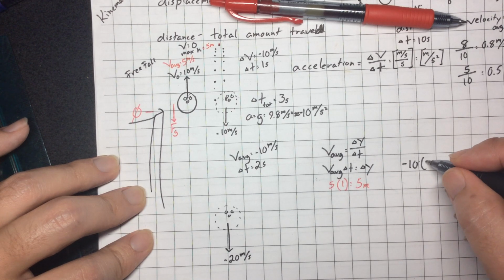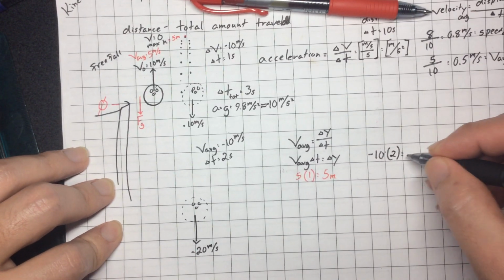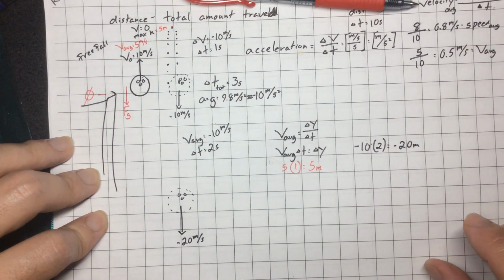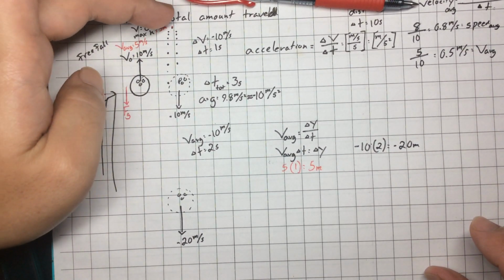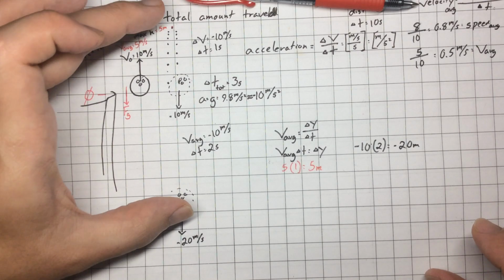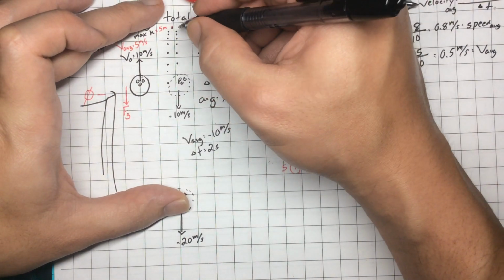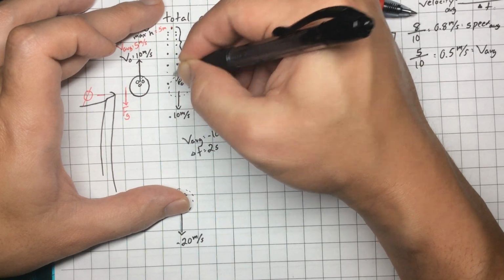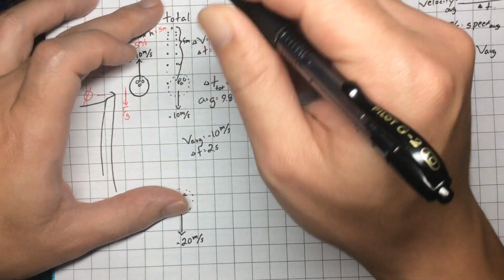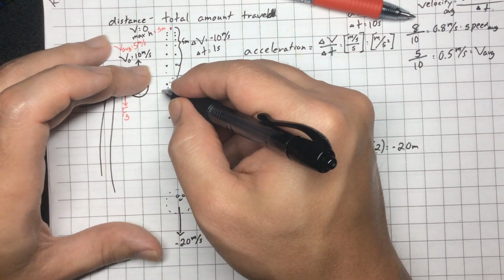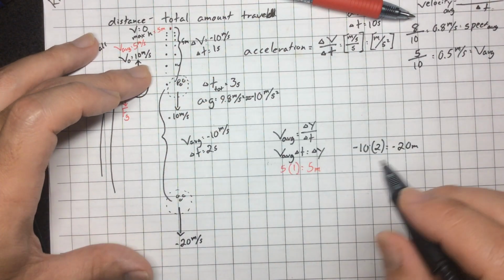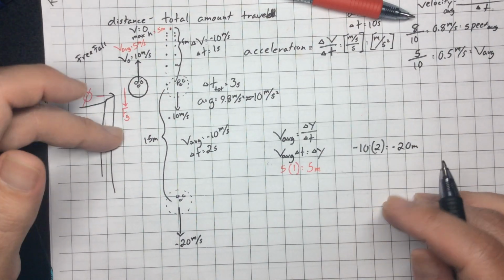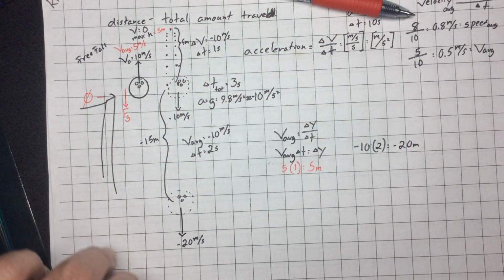My total time of motion is 2 seconds, and that's going to give me negative 20 meters, which means from up here to all the way down there, that's a total of 20 meters. Because we know this top portion is only 5 meters, I guess to right there would be 5 meters, that means that this portion down here would be the rest, so that would be a 15-meter drop beyond the bottom of the cliff. So I'll put in negative 15.